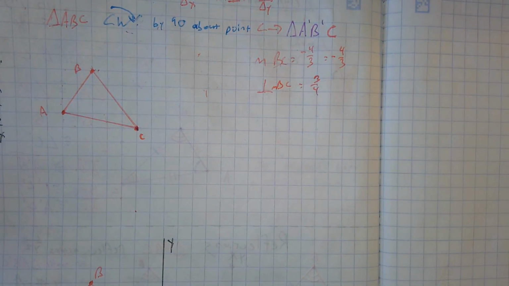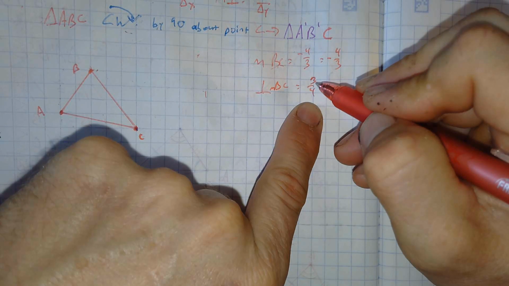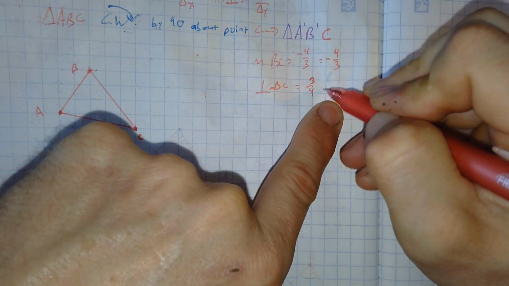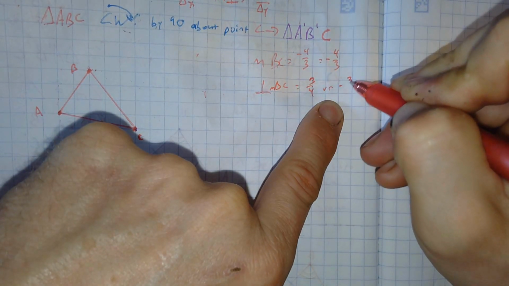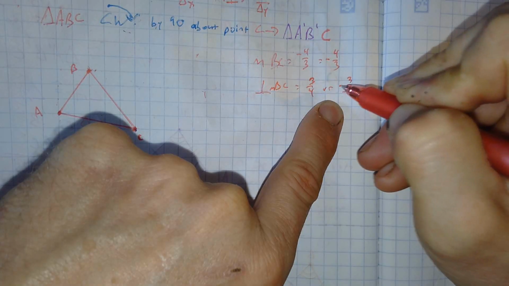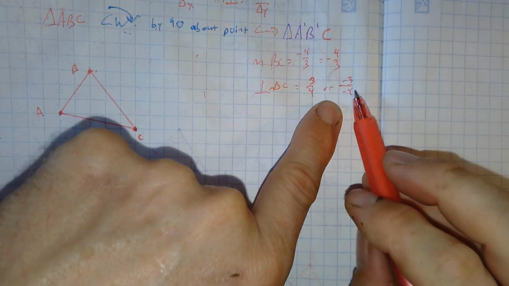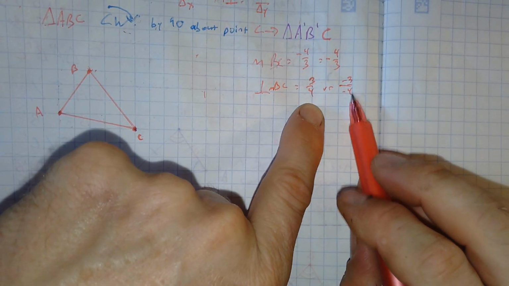Another way to write 3/4 is negative 3 over negative 4, because negative divided by negative is a positive.